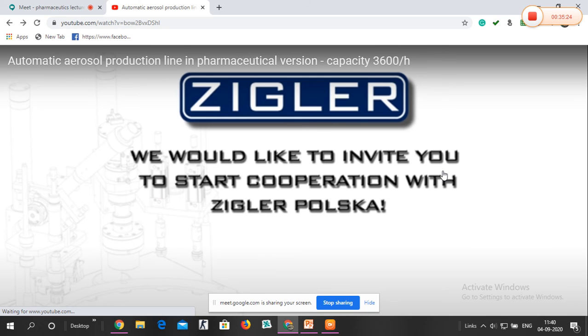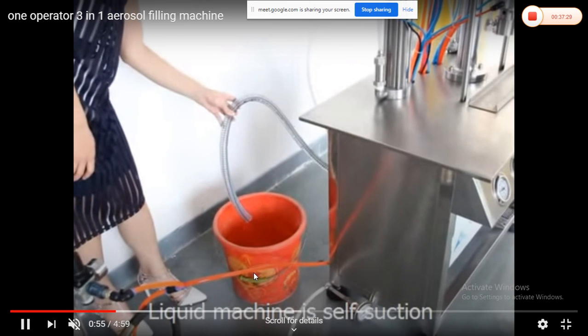If pressure develops, you have to remove some excess propellant here, so that it will be collected. Basically this is the propellant tank, or a self suction liquid machine.